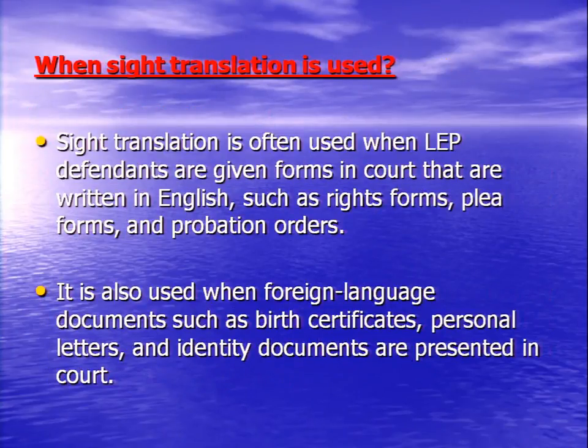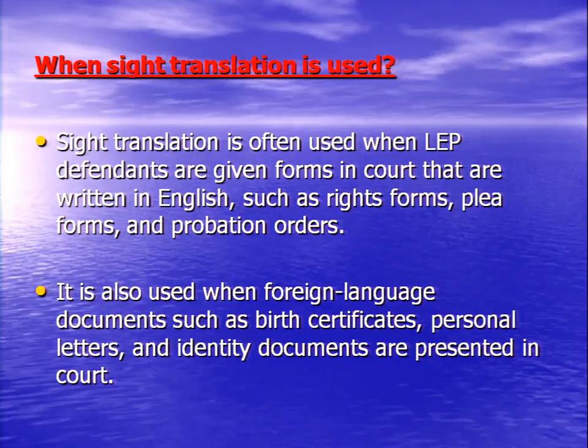When do we use the sight translation? We talked about that. We use it often when the defendants are given forms in the court: plea forms, constitutional rights forms, any other forms, such as rights forms, plea forms, and probation orders as well. Complaints, correct, yeah. That's one of them.